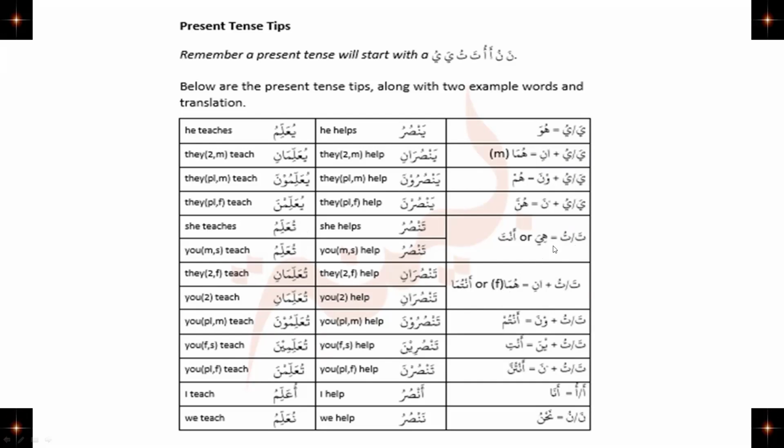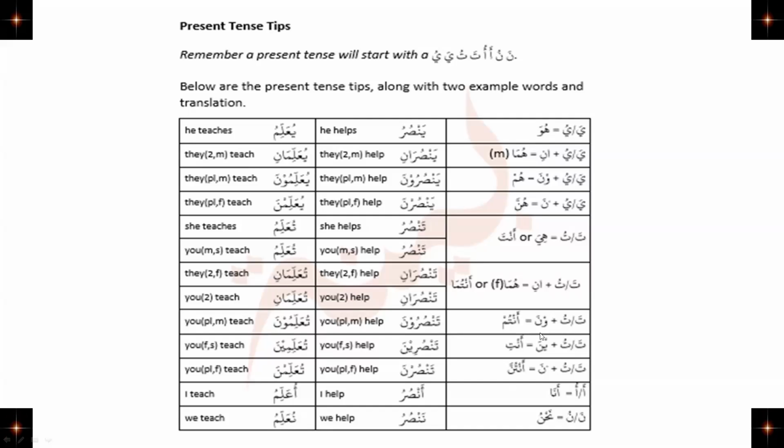Just like anta and here for the singular, the pair is the same. So antuma and huma also take the same fi'l: antuma tansurani and huma tansurani, if it is feminine.